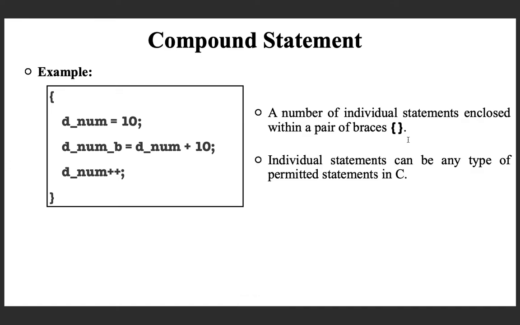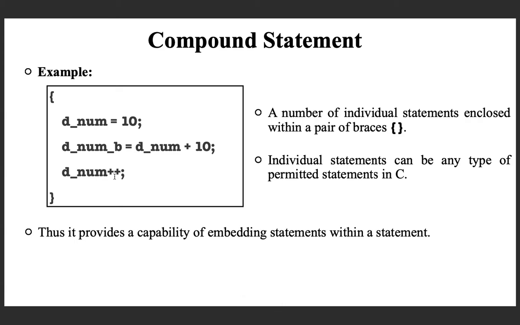And individual statements can be any type of statements permitted in the C language. Within this you can have an if statement or if else statement or while loop, etc. Whatever you want, any permitted statement you can use as each of the statements here.